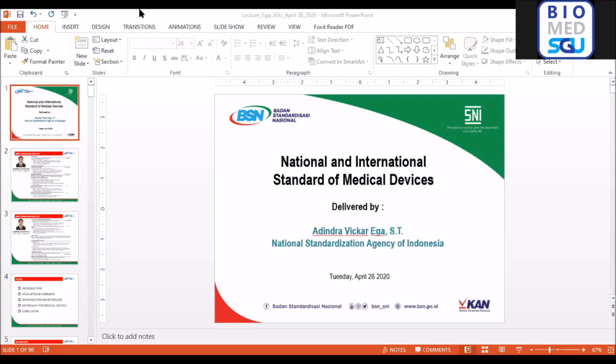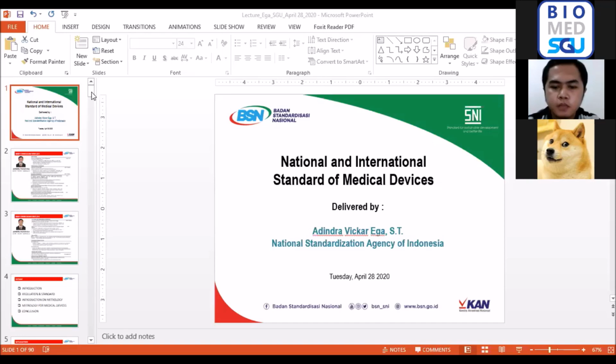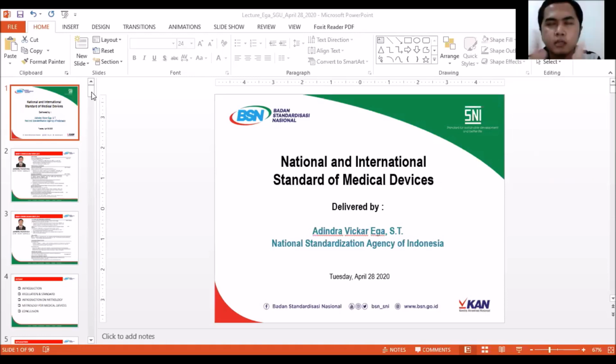Actually, this work method for the medical device testing is under the BPFK. The BPFK has the authorization, and we as the NMI don't have the right or permission to distribute their work method.